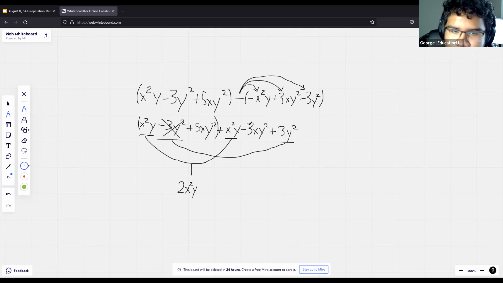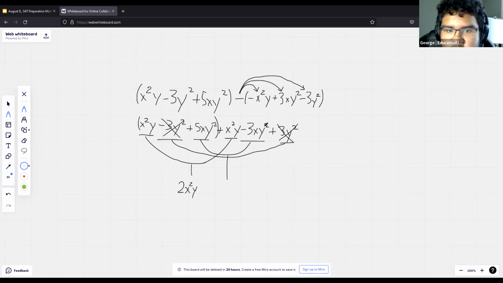So you can cross them out. If you see terms that are the same, except they're different by the sign, that usually means you can cancel them out like this. Now the last term we have here is an xy squared. So we're going to look for other terms that have xy squared. And there's only one other one left, which is the -3xy squared. So when you combine these two, what you end up with is 5xy squared minus 3xy squared.